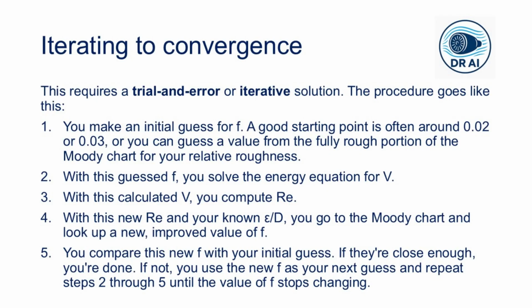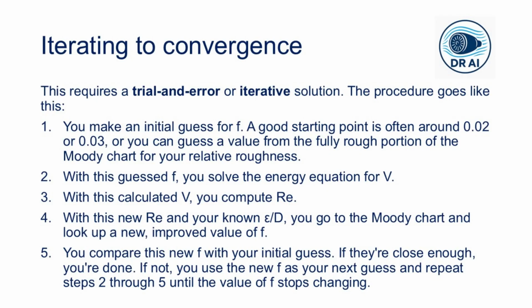In step 5, you compare this new value of the friction factor with your initial guess. If they are close enough, you are done. If not, you use the new value of f as your next guess and repeat steps 2 through 5 until the value of f stops changing.